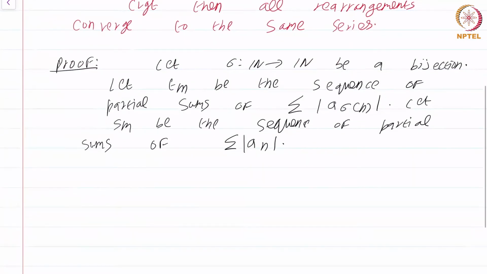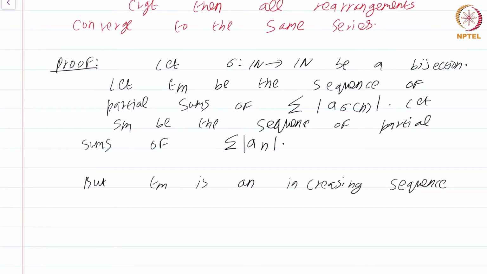Okay, we have to now show that T_m in fact is convergent. But T_m is an increasing sequence, simply because at each stage you're just going to add a non-negative term to it, and S_m is bounded above, say by some quantity K. Why is S_m bounded above?